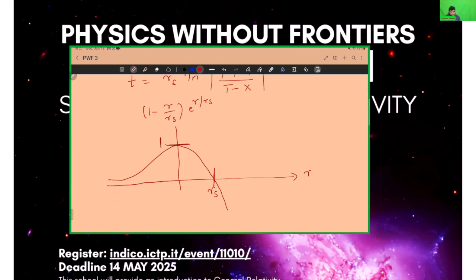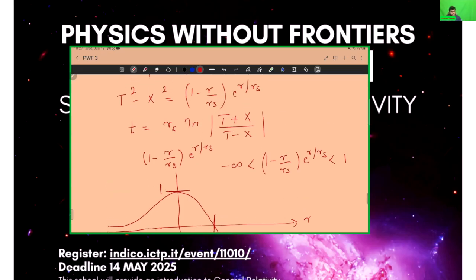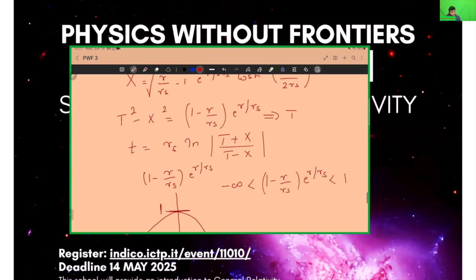Well, this is just 1. Now, it means that 1 minus r over rs can be smaller than 1, and it can go to negative infinity, but it can never be bigger than 1. That's the most important point. It means that this T squared minus X squared has to be less than, well, it can be equal to 1, of course. So this is a very important property of these coordinates.